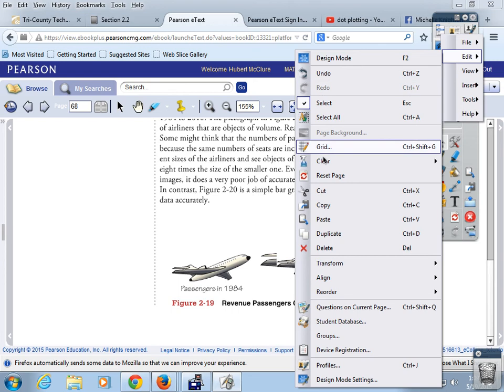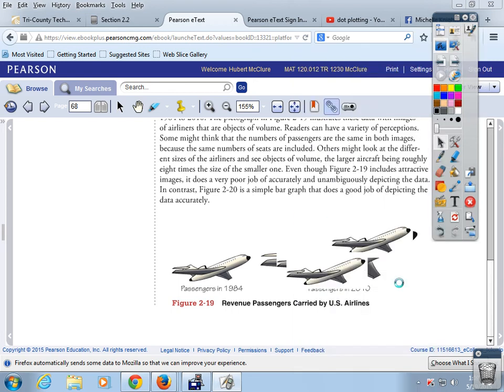What am I trying to show you? Exactly. So about 4 of these little planes can fit in this big plane, right? So the pictograph is actually saying there's 4 times more passengers in United States Airlines in 2010 than in 1984.